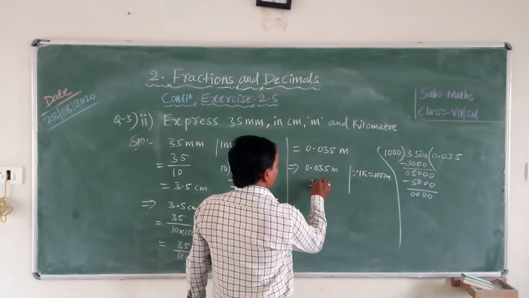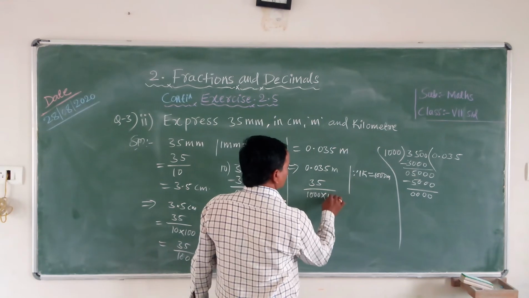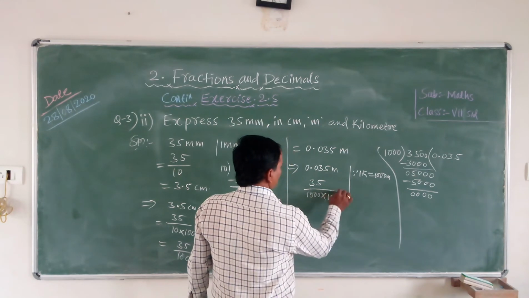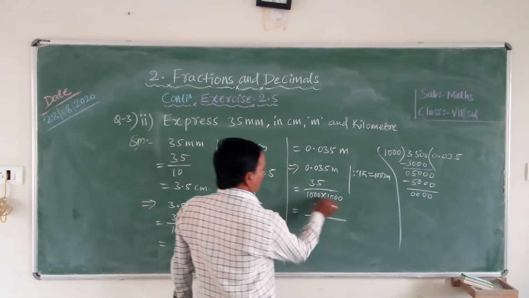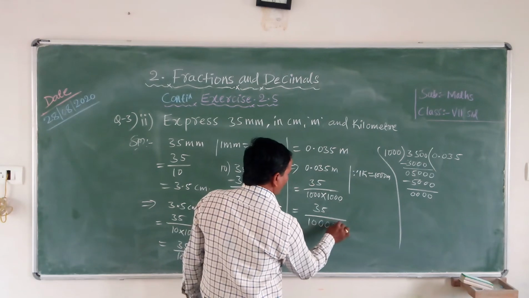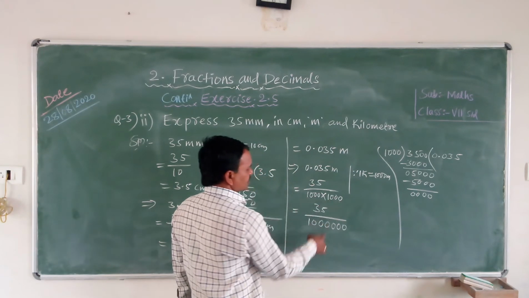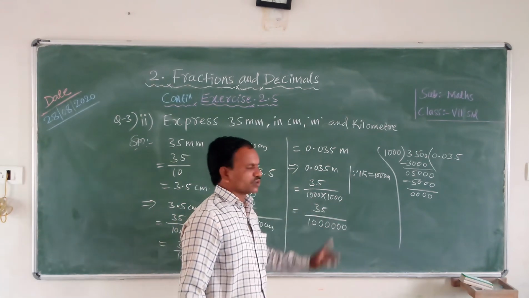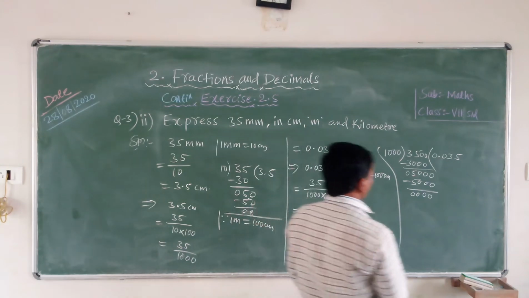So this one is 35 divided by 1000 into 1000. So it is equal to 35 divided by, how many zeros are there? 6. 1 2 3 4 5 6. 3 zeros plus 3 zeros makes 6 zeros. Now we have to divide. See here.